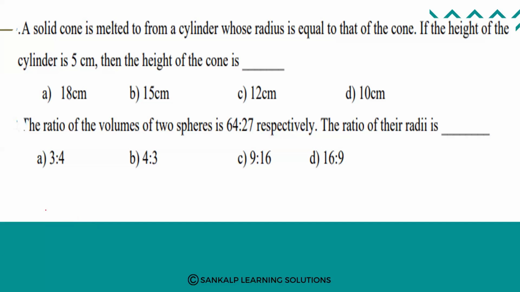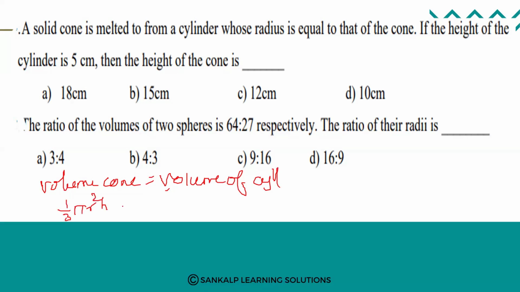That means the volume of the cone is equal to the volume of the cylinder. Melted means volume is conserved, right? So we know the formula, volume of a cone is 1 by 3 pi r square h, and this is pi r square h.